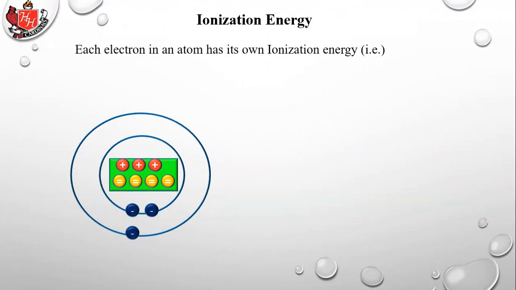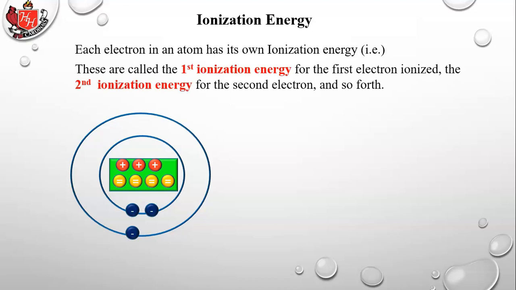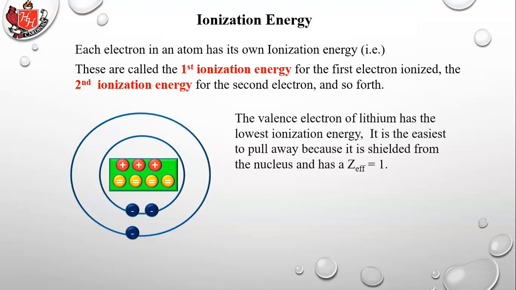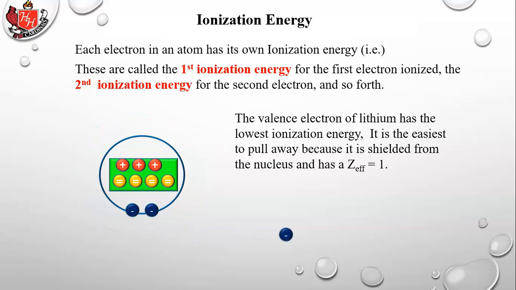So each electron in an atom has its own ionization energy. These are called the first ionization energy for the first electron ionized, the second ionization energy for the second electron, and so forth. The valence electron of lithium has the lowest ionization energy. It is the easiest to pull away because it is shielded from the nucleus and has a Z effective of 1. Number of protons minus number of core electrons, 3 minus 2.